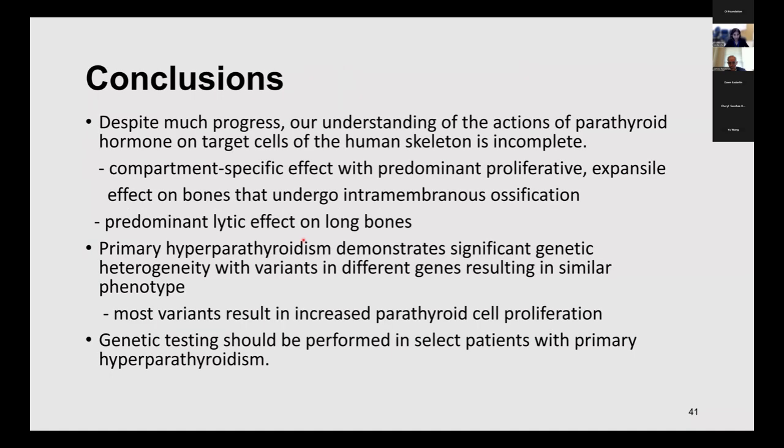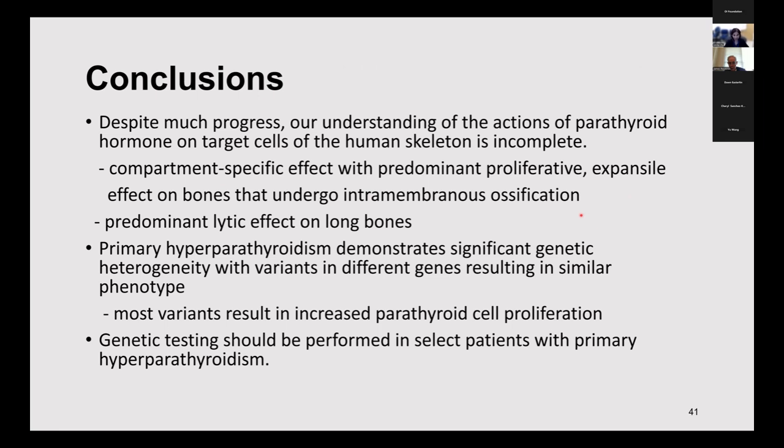So, to conclude, as I wrap up, here are the conclusions. Despite much progress, our understanding of the actions of parathyroid hormone on target cells of the human skeleton is incomplete. It's very complex, with a profound effect on the skeleton, and the effects appear to be compartment specific, with a predominantly proliferative expansile effect on bones that undergo intramembranous ossification, and a predominantly lytic effect on the bones that undergo endochondral ossification.